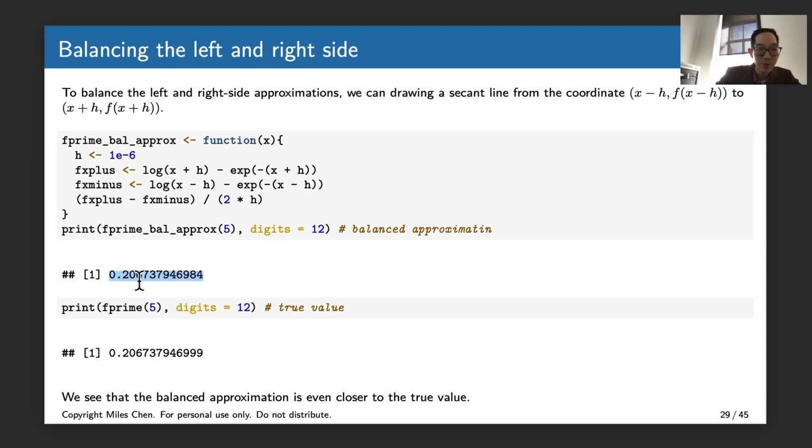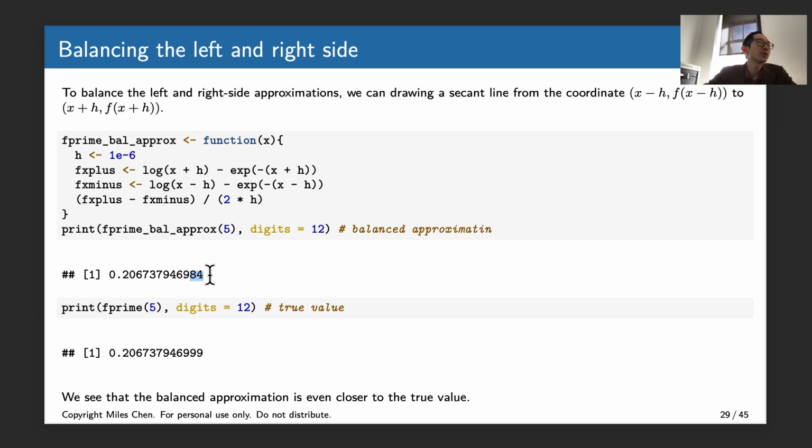Remember, the other one was accurate up to 7 places, 2067379, and this one I think is accurate up to 10, 2067379469, the last two digits 84. Here I get 0.206737946999. So just doing this one small trick, now I've gotten three additional decimal places of accuracy.